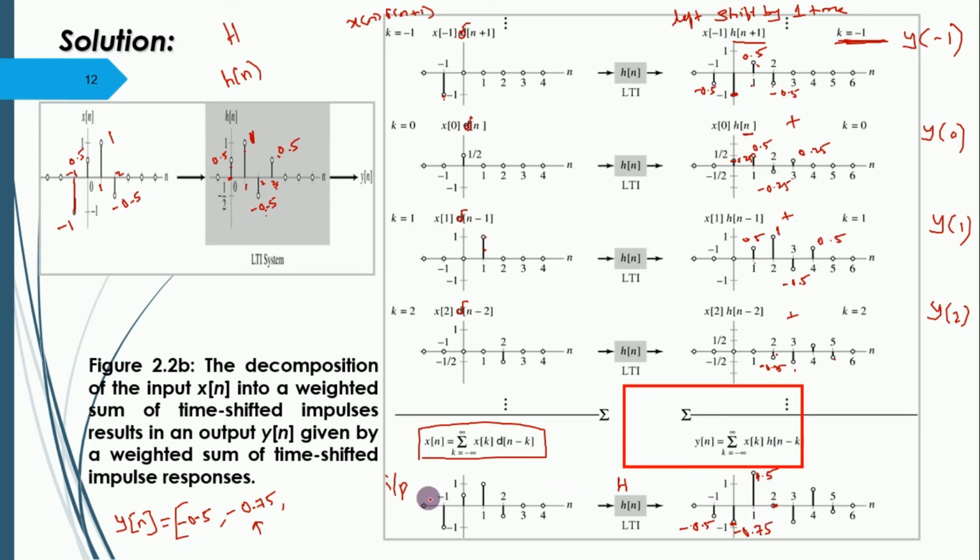Similarly, at n equal to 1, I am having 1.5, and at 2 I am having 0, and at 3 I am having minus 0.75. It is matching here, minus 0.75, and at 4 I am having plus 0.75, and at 5 we are having minus 0.25. So this is the sequence of output we get from the diagrammatical representation.